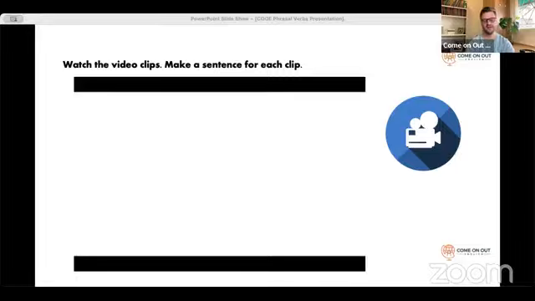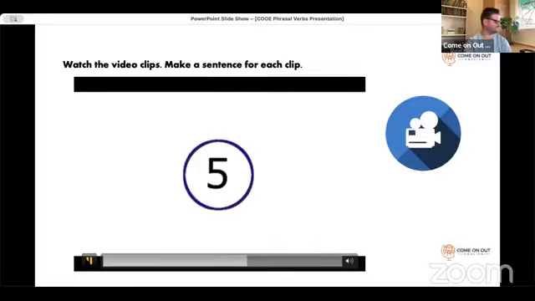So for this one, we can say something like, she is putting on lipstick or makeup. And put on is the opposite of take off. And we can use that with makeup, with clothes, with shoes, with glasses, headphones, anything you put on your body. Next one.